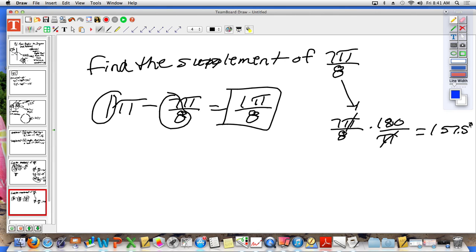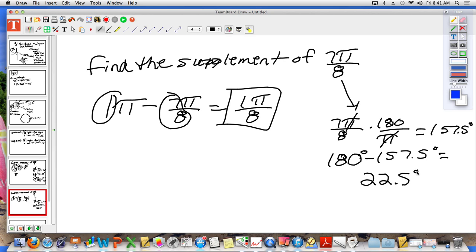You'd expect it to be close to 180 anyway. Yeah, exactly. So I'm going to take 180 degrees minus 157.5 degrees. These are both degrees. What is 180 minus 157.5? 22.5.